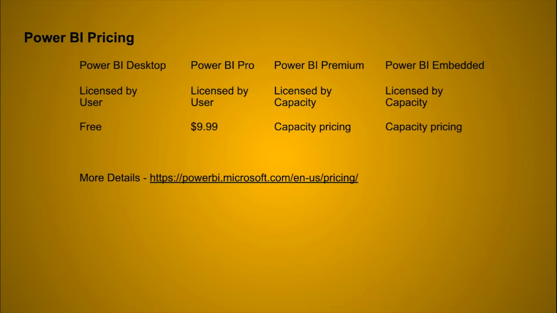There are two different plans, Power BI Premium and Power BI Embedded, which are licensed by capacity. For big organizations with a large number of users, they can use Power BI Premium and Power BI Embedded as per their need. You can find more details of Power BI pricing in this particular link.